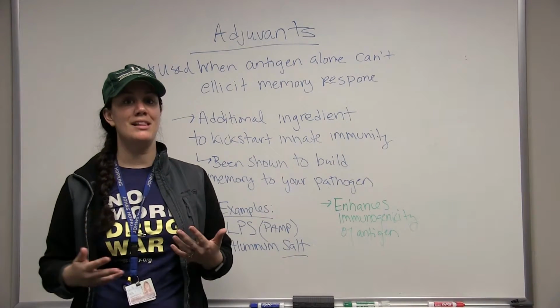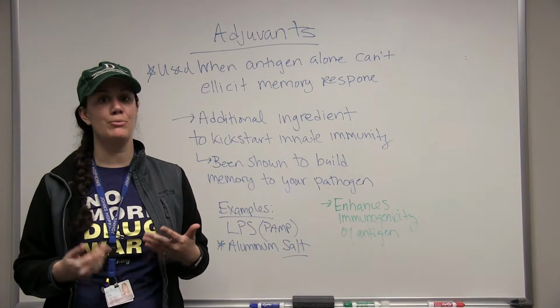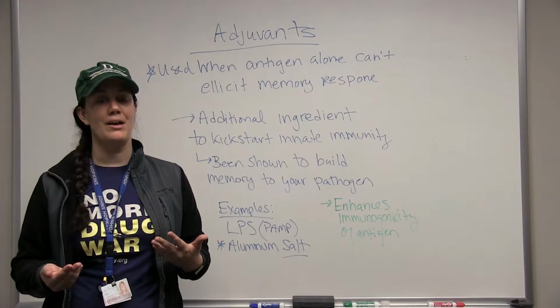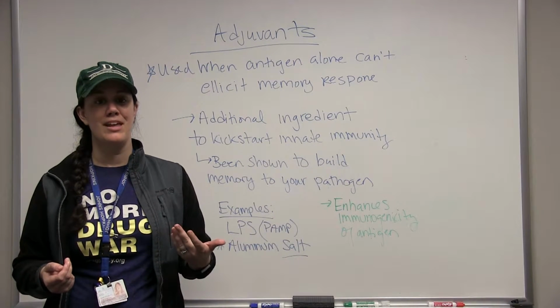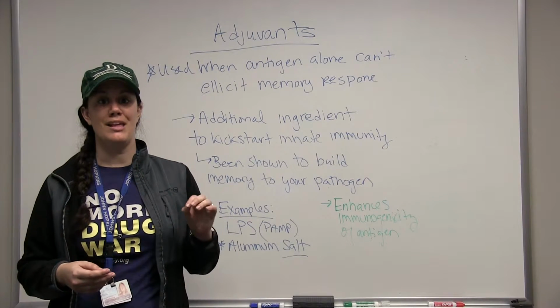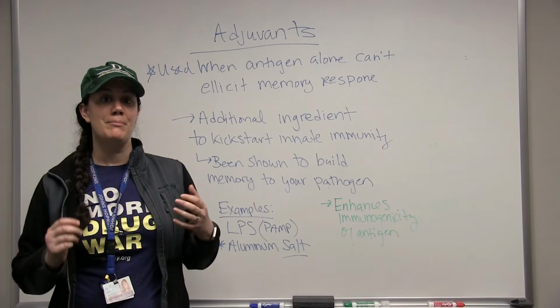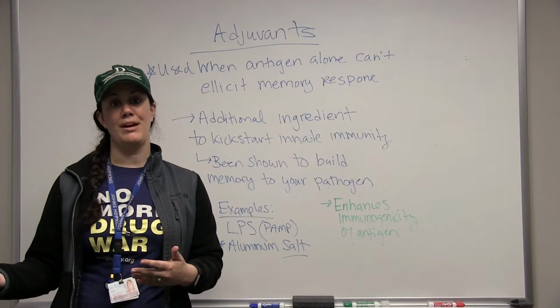Adjuvants are actually a big line of research because many of them we don't know exactly how they work, we just know that they do. But there's a lot of research going into figuring out the how. There's also new research going into fine-tuning adjuvants so that by using a particular adjuvant we can get a specific immune response.